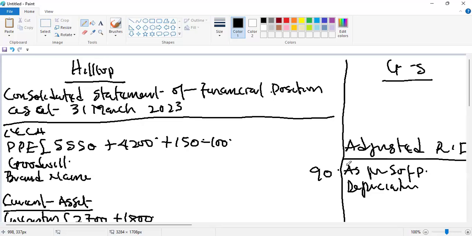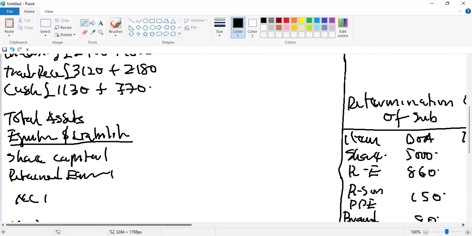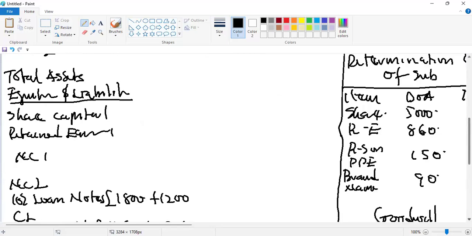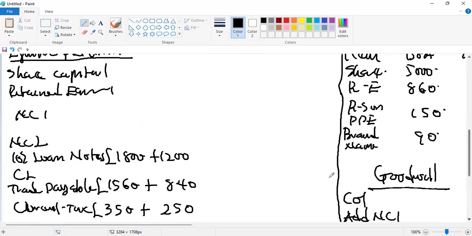It is the group policy to measure non-controlling interest at proportionate share of the net assets of the subsidiary at the date of acquisition. So I can get my net assets: 5,000 plus 860 plus 150 plus 90.